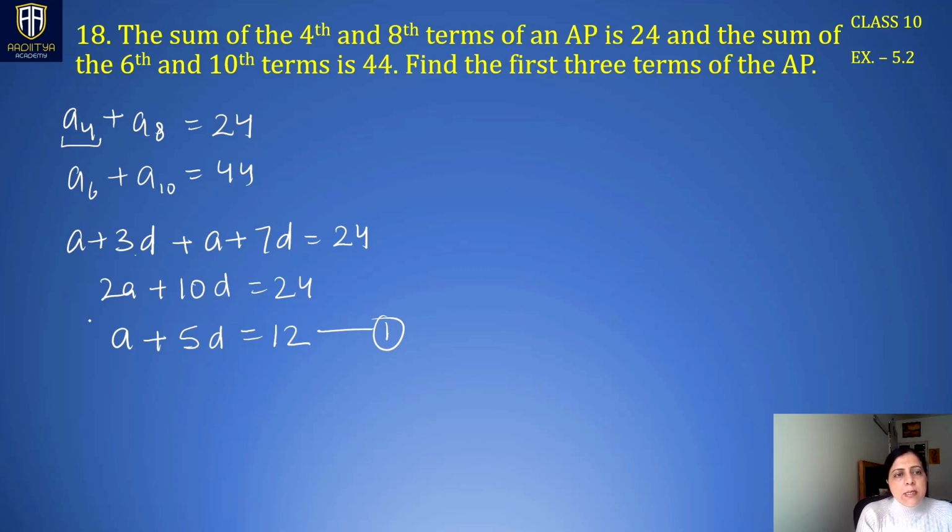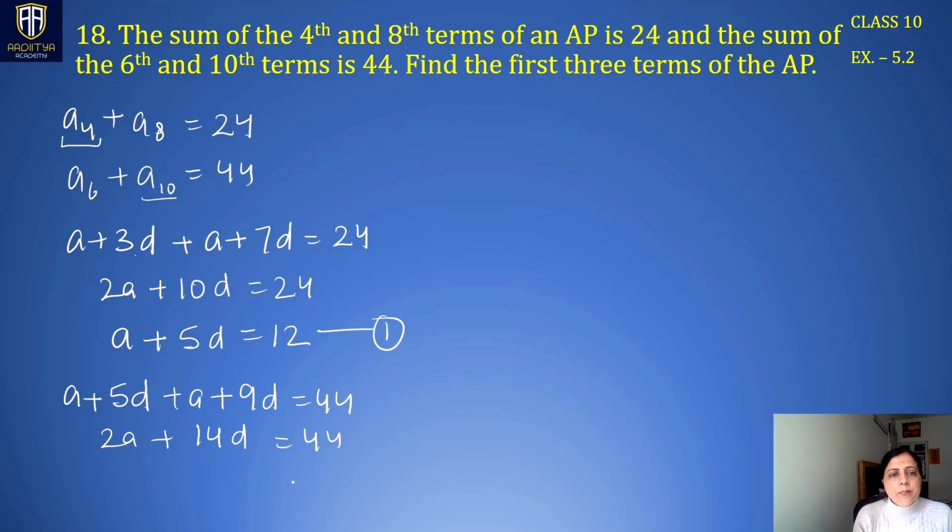Second equation says A6, which is A plus 5D. A10, which is A plus 9D. Sum of 6th and 10th terms is 44. This is A plus A, 2A. 5D plus 9D is 14D, which is 44.